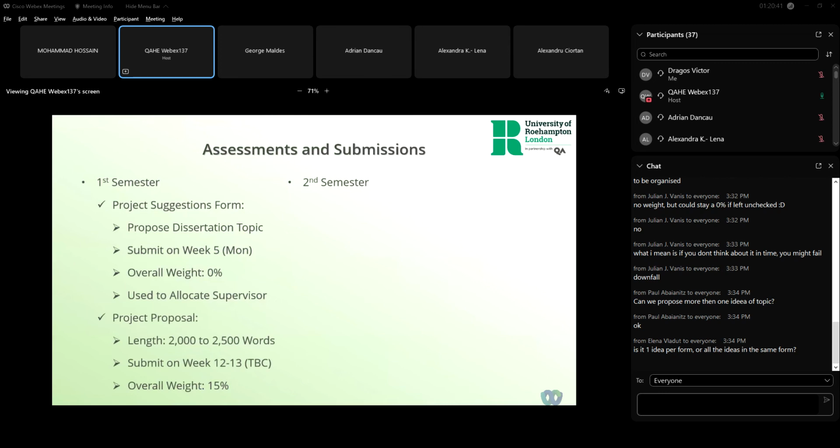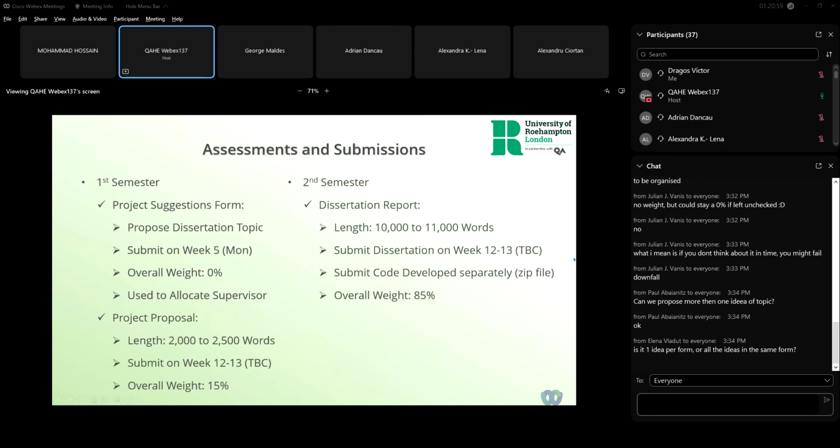If you haven't done your proposal, then you don't really know what you're doing. You don't really know where you're going to go. So you start really in the second semester to do the work that you should have done in the first semester, right?